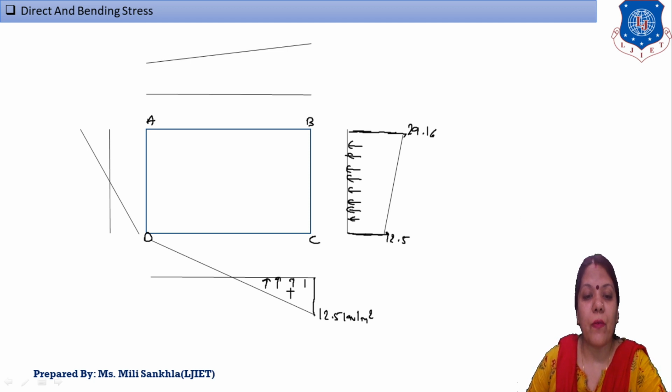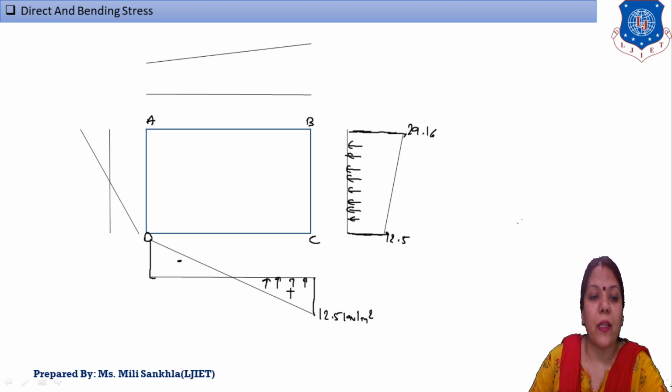Now at corner D our value is negative, so draw up from the reference line: 12.5 kilonewton per meter square, negative.